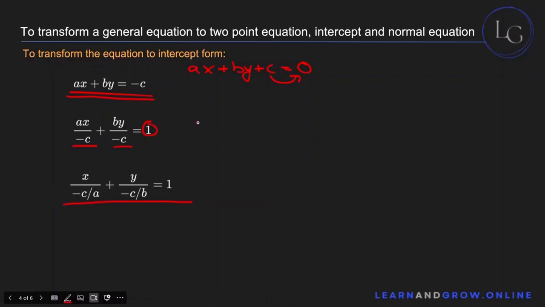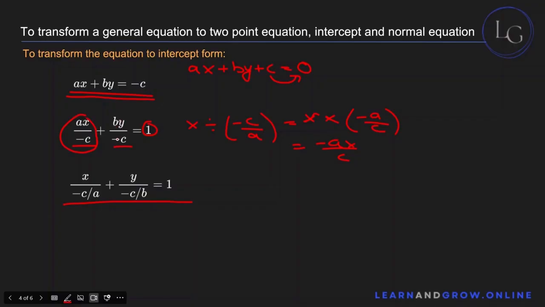Because x divided by negative c over a is equal to x multiplied with negative a over c, which is equal to negative ax over c, which is just what we had over here, right? And same goes for by over negative c.